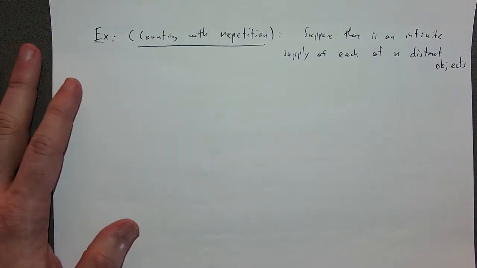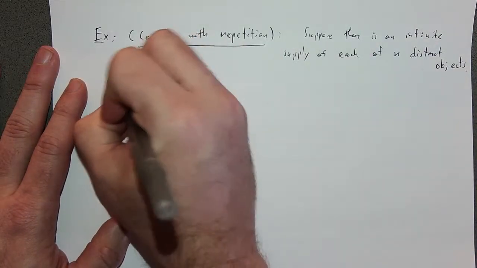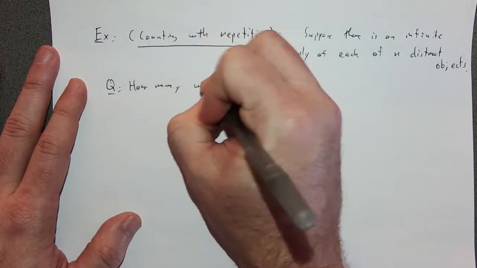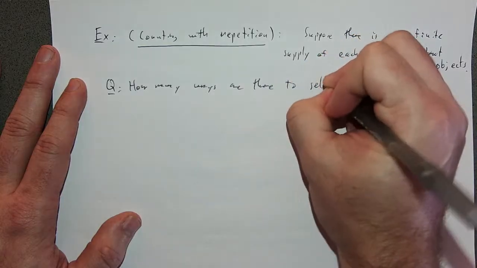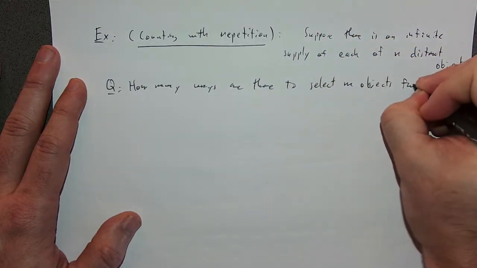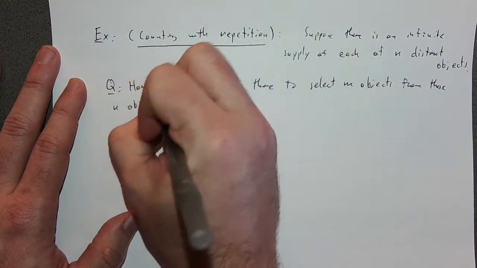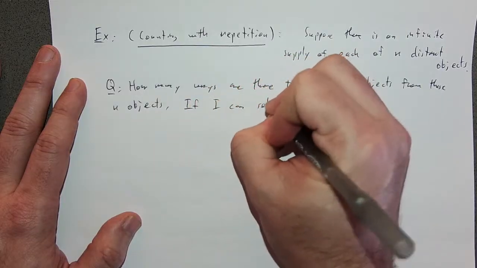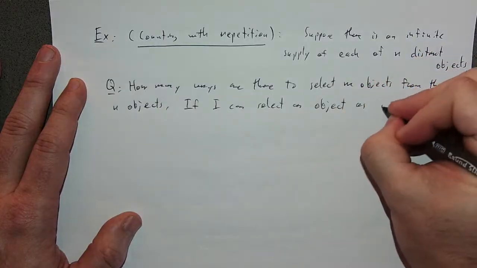How many ways are there to select m objects from these n objects if I can select an object as many times as I want?